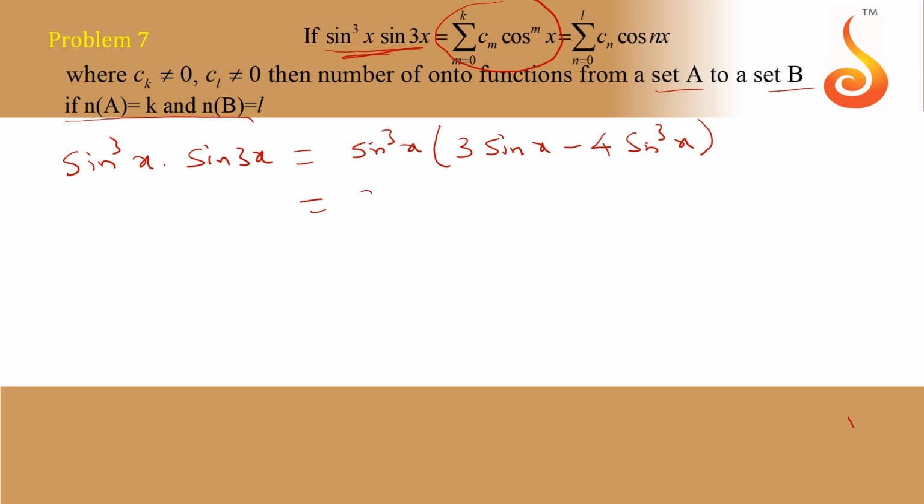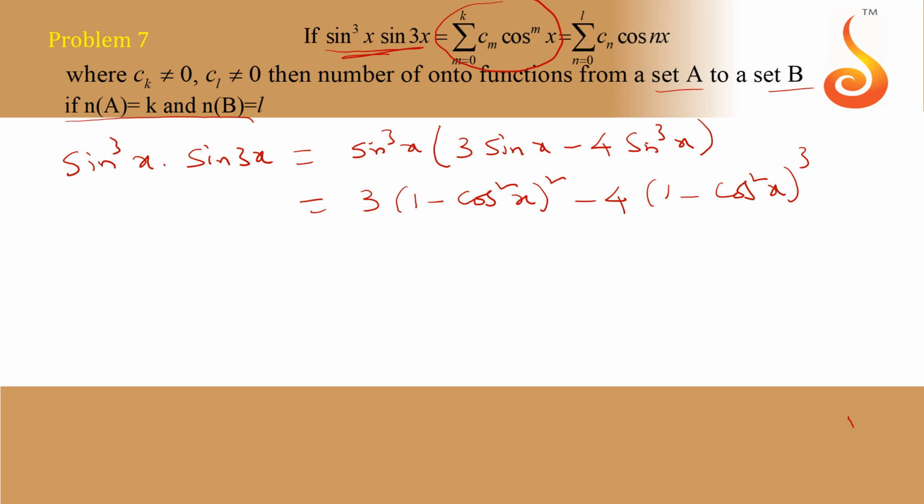That gives 3 sin power 4x, which is 1 minus cos square x whole square, minus 4 sin power 6x, which can be written as 1 minus cos square x whole cube. So if you expand this, you will get one expression.